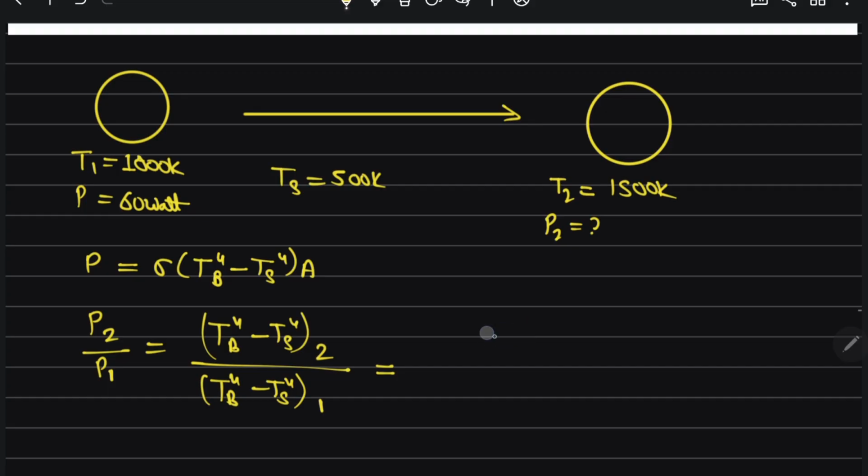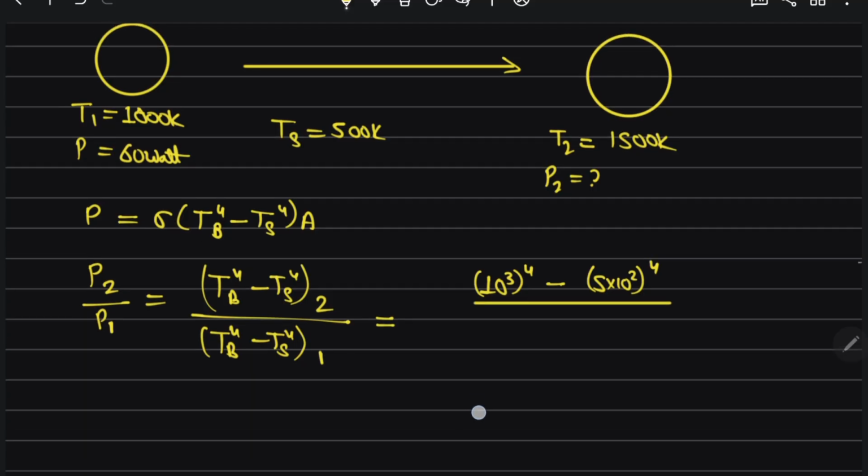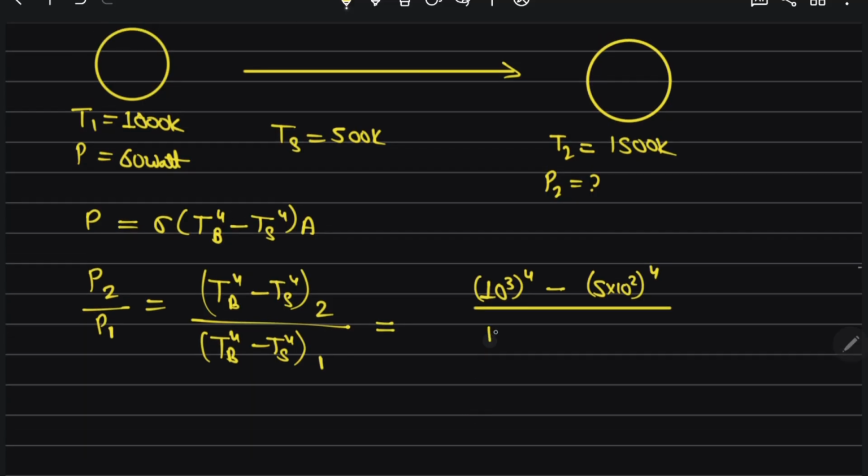So that is equal to: temperature of body is how much? 1000 Kelvin, means 10 to the power 3, to the power 4, minus temperature of surrounding 5 into 10 to the power 2, to the power 4, divided by temperature of body changed to 1500 Kelvin, means 15 into 10 to the power 2, to the power 4, minus 5 into 10 to the power 2, to the power 4.